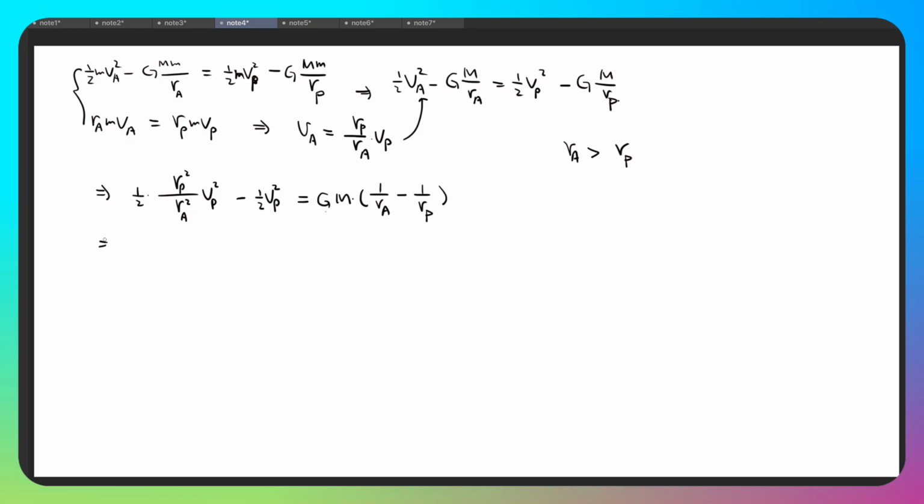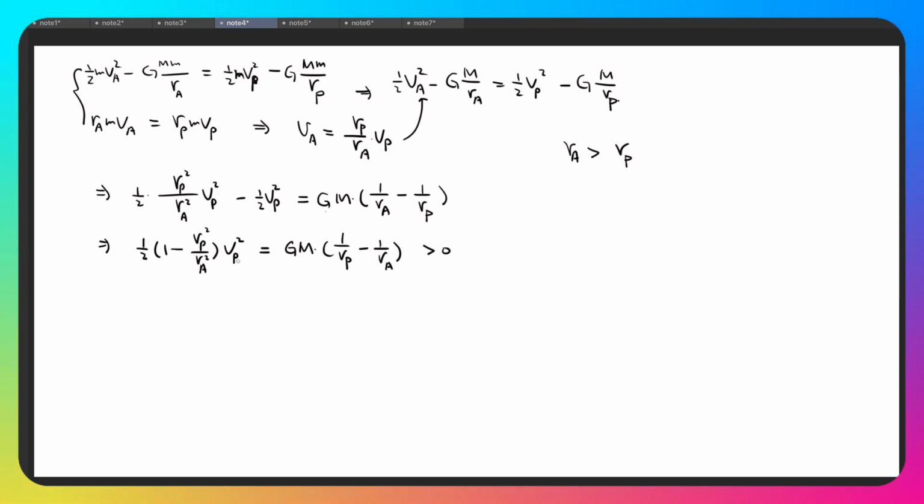So let's change to 1/2, 1 minus RP squared over RA squared VP squared. Let's group them together and then change the sign. And on the right side, let's also change the sign, GM times 1 over RP minus 1 over RA. Okay, now both sides are positive.